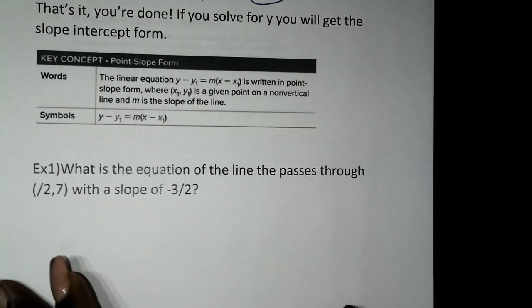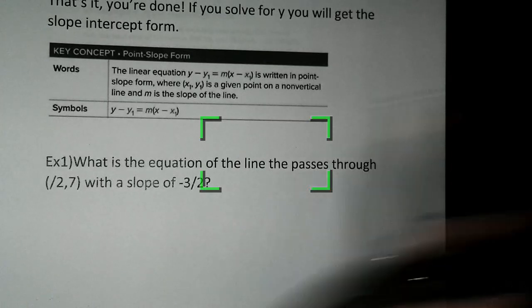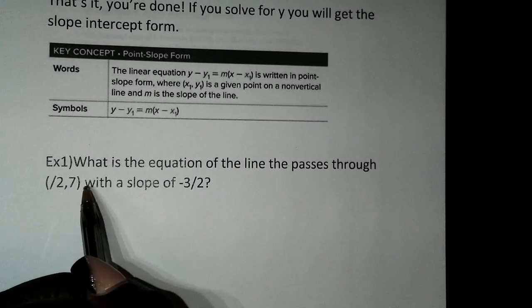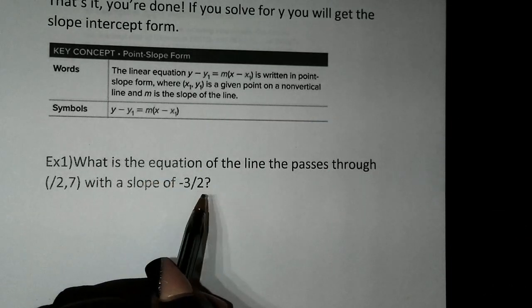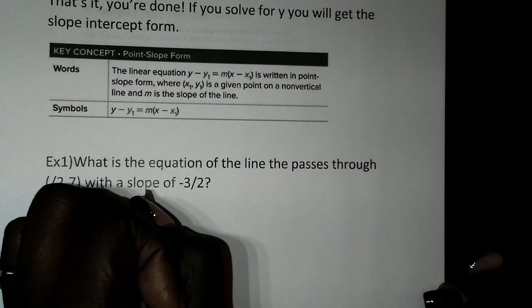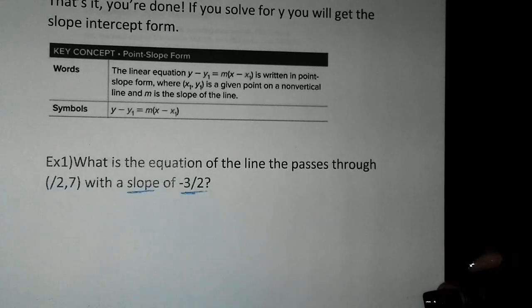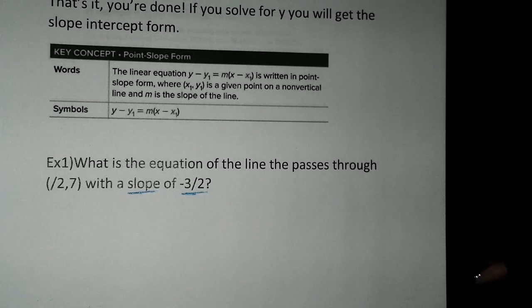First example says, what's the equation of the line that passes through the point 2, 7 with the slope of -3/2? So in this case, do we have to find our slope? Is our slope given? Our slope is given. It told us that our slope is -3/2. So that is something we don't have to find.